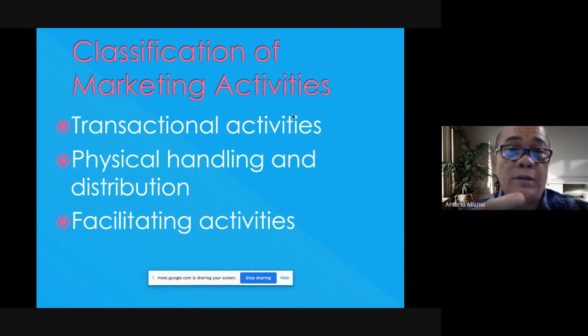There are three types of marketing activities that will complete the exchange process or the transaction from the hands of the producer or seller down to the hands of the buyer.